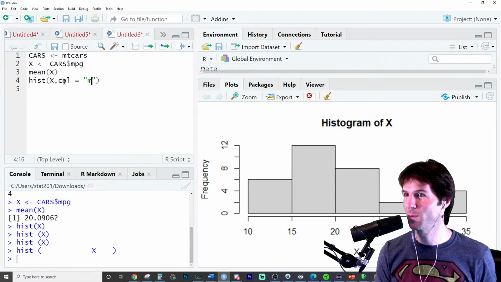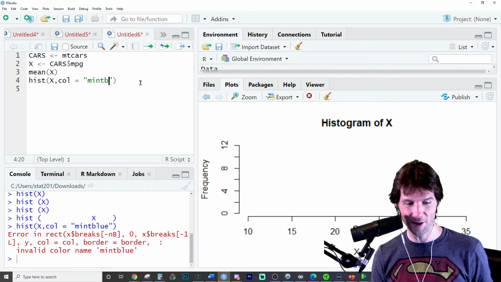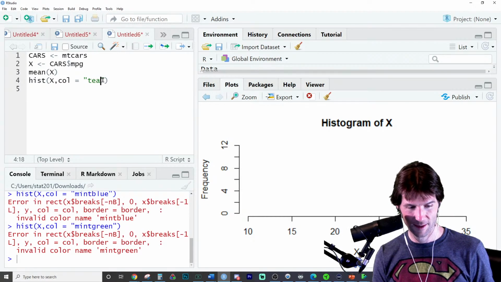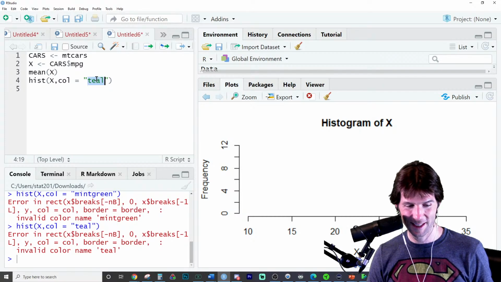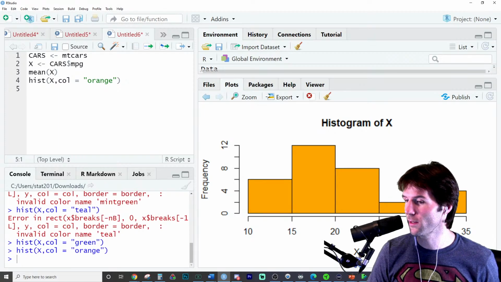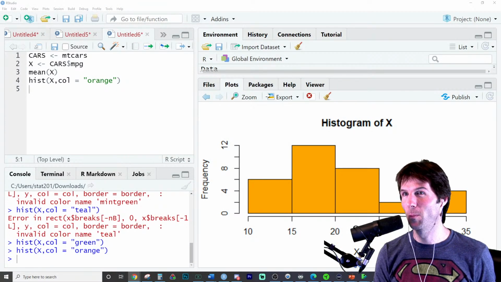Mint... What was it? No, that's not one of them, is it? Connor had all these cool colors yesterday. Teal not a color? Green's a color. Connor had all these cool colors. Let's find some cool colors and we'll end on that.